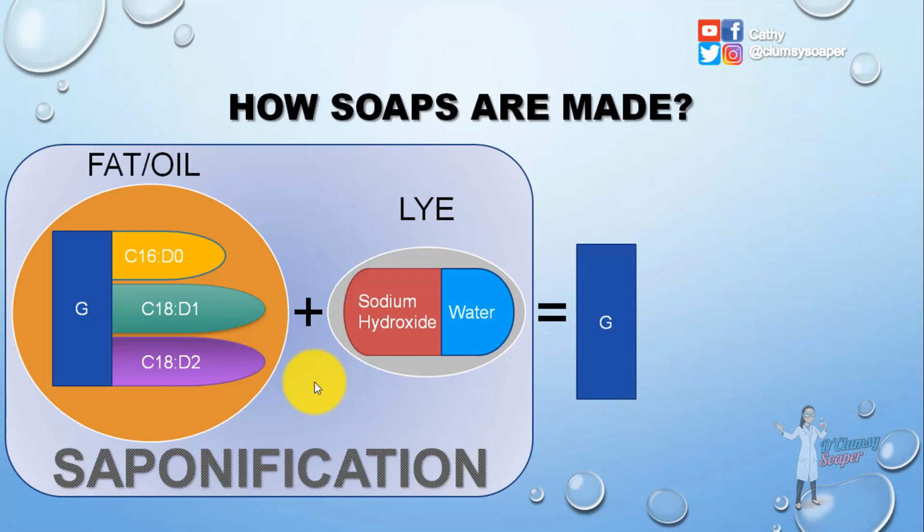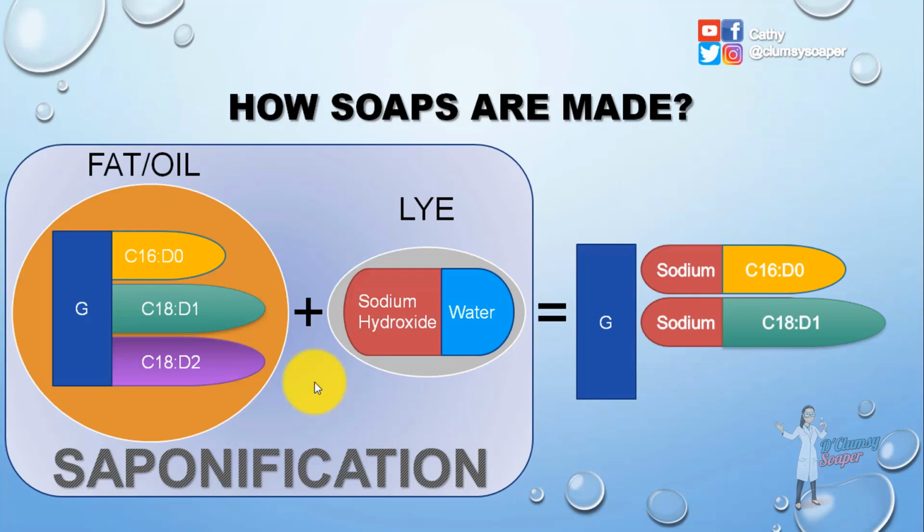And what happens is that the glyceride backbone is detached from the 3 fatty acids, so that becomes your glycerin or your glycerol.